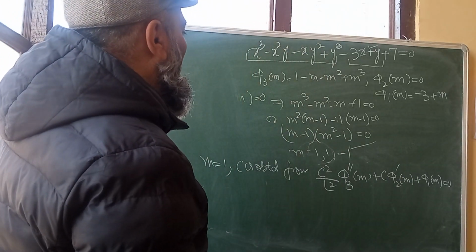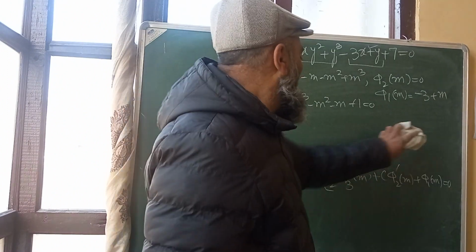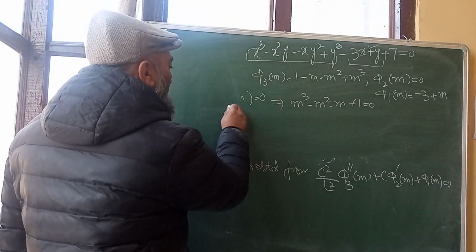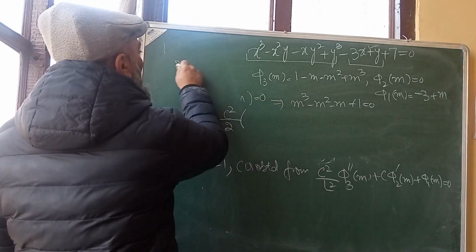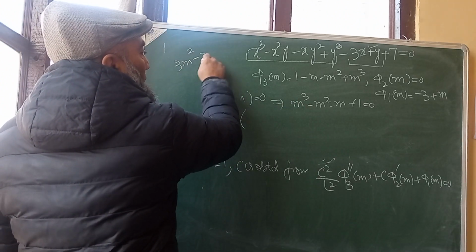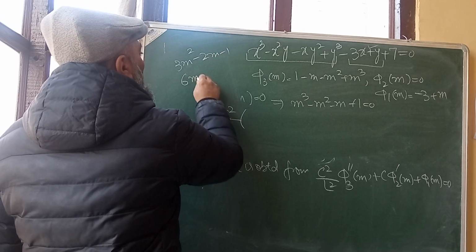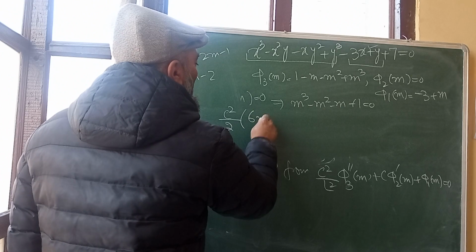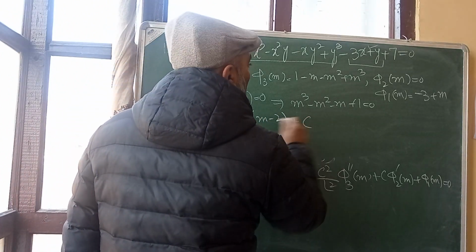See, first derivative is 3m square minus 2m minus 1. Second derivative is 6m minus 2. So it is c square by 2 times 6m minus 2, plus c phi 2 dash.